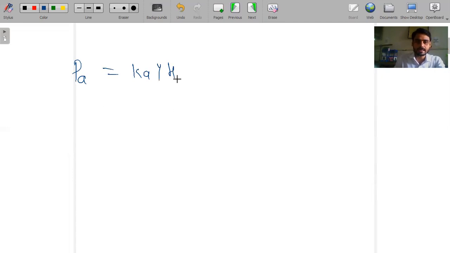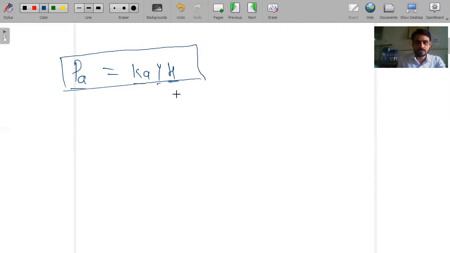The pressure will act according to the height from top to bottom. If we move from top to bottom, the magnitude of pressure will increase because at the top h will be 0 and at the bottom h will be maximum. So the magnitude of pressure by the backfill soil on the stem of the retaining wall will be maximum at the bottom. These values are constant, but this is a variable value. So as the value of h varies, so will the active earth pressure.